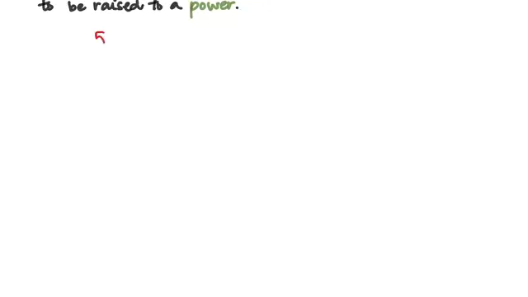If I had a number that I wanted to multiply by itself several times, let's say 5, and let's say that I wanted to multiply 5 3 times, we often use exponential notation to write that expression. So in other words, instead of writing 5 times 5 times 5, it's very common to see 5 to the power of 3.